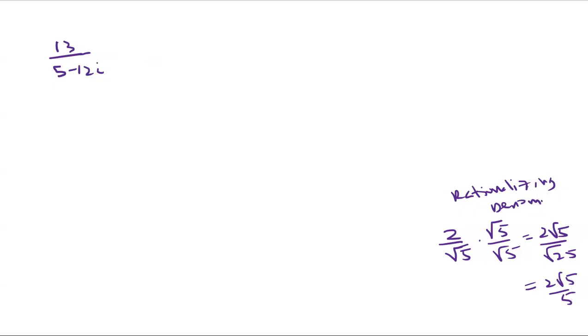Well, we're going to do something similar, but in this case, it's called multiplying by the conjugate. Okay? Conjugate. What do I mean by conjugate? Well, it goes to the difference of squares.